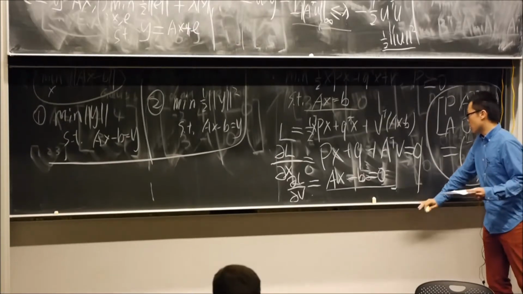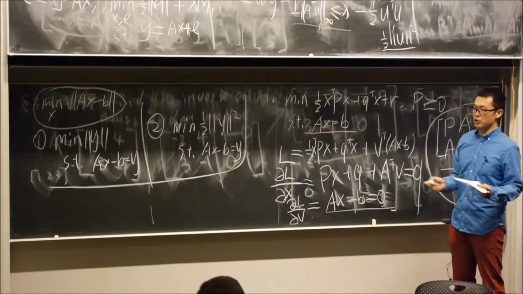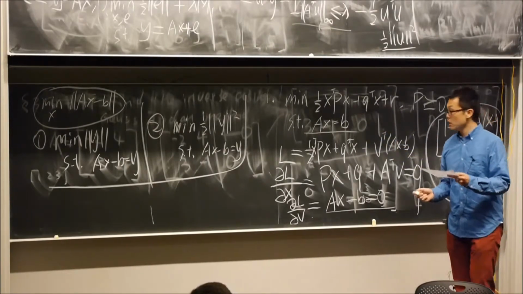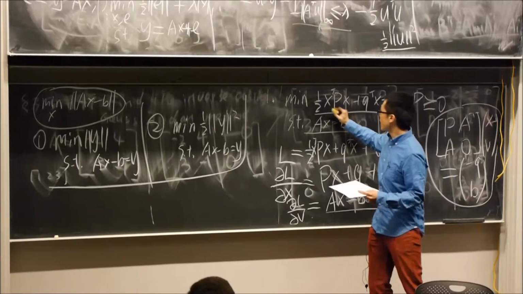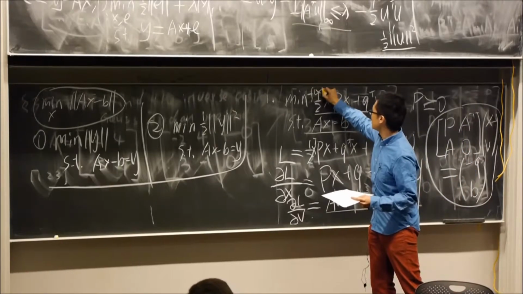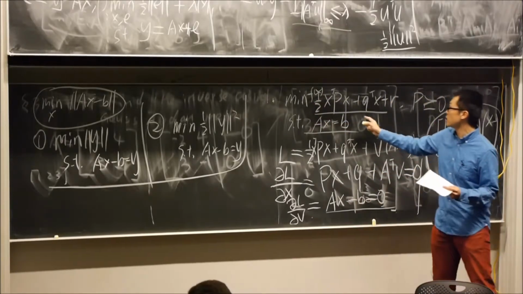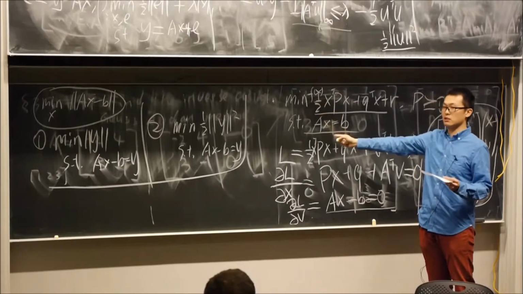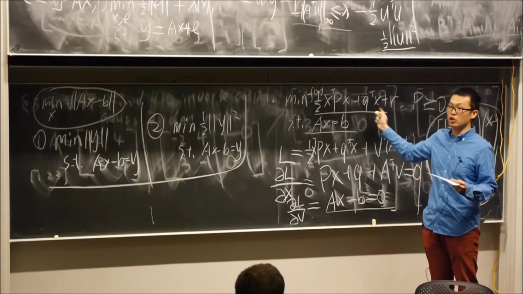Again, one other comment is that this procedure is used in the Newton method. Suppose we do not have a QP, but instead we have a f(x) here. And this f(x) is second order differentiable, is continuous. Then we can take its Taylor series expansion, and that will look exactly like this QP form.